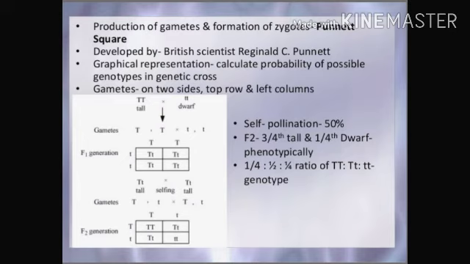In the given figure you can see, in the F1 generation, 50% gametes will be produced. In the F2 generation, 3/4 are tall and 1/4 are dwarf phenotypically, and the genotype ratio is 1/4 : 1/2 : 1/4, between capital T capital T, capital T small t, and small t small t.